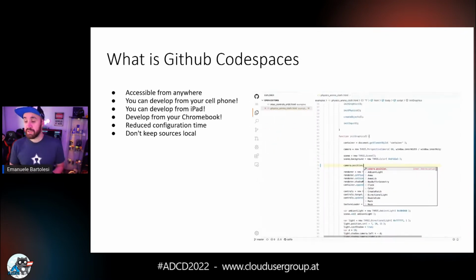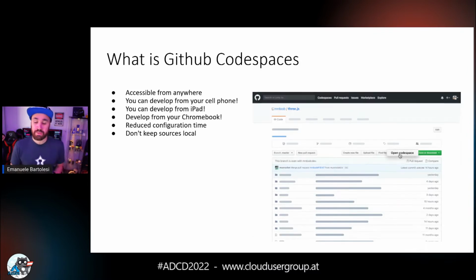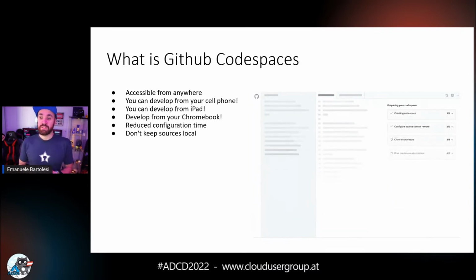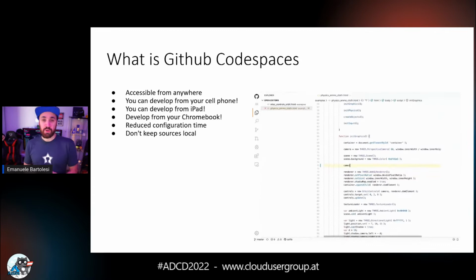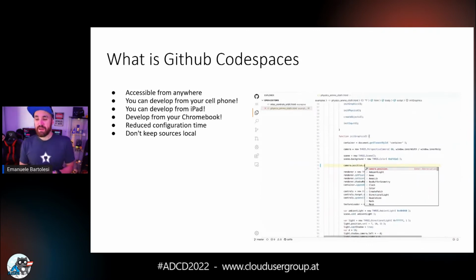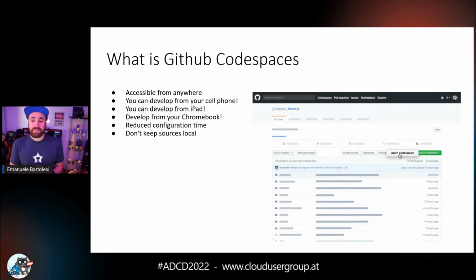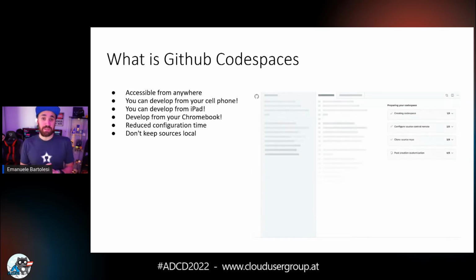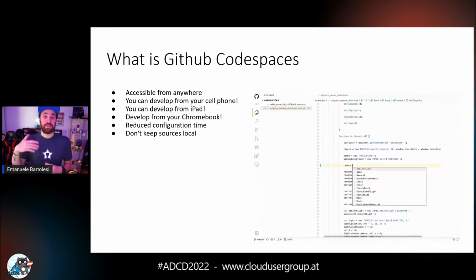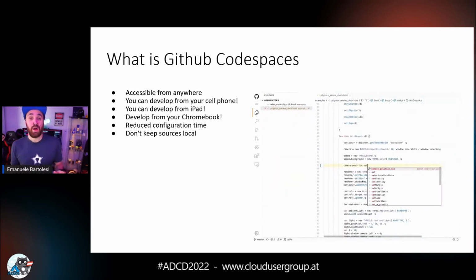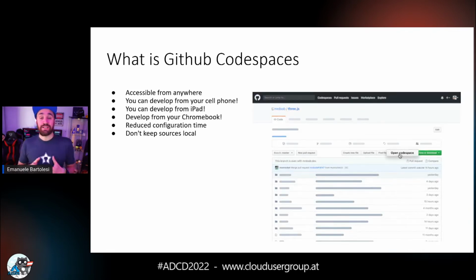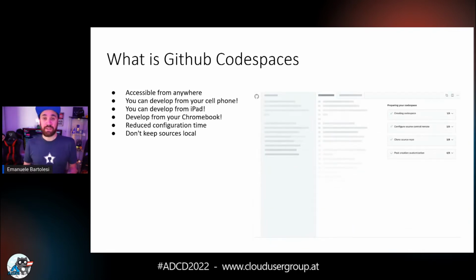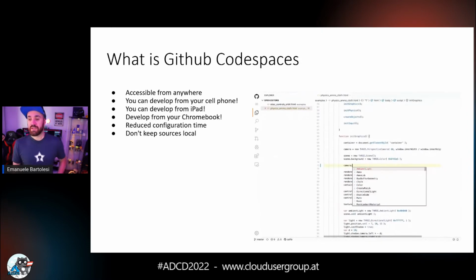So if someone stole your laptop, or your laptop is broken in the morning, for example, you can have access to the source code from GitHub directly with all of your environment settings inside. So this is very important for me, and I think it's one of the best features of GitHub Codespaces.